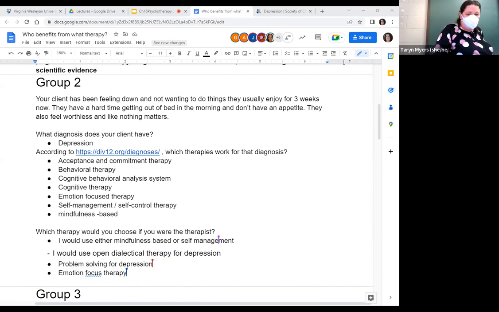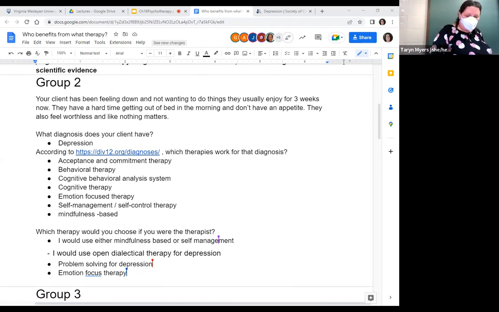We said depression. Yeah. Some of the things that were listed were acceptance and commitment therapy, behavioral therapy, cognitive behavioral analysis, cognitive therapy, emotion focused therapy, self-management, self-control, and mindfulness-based.